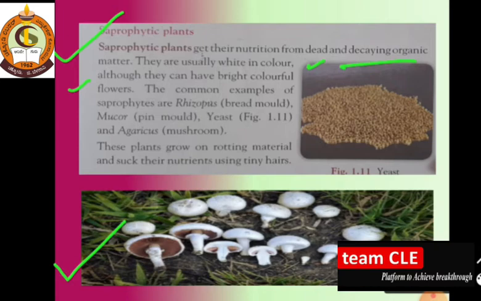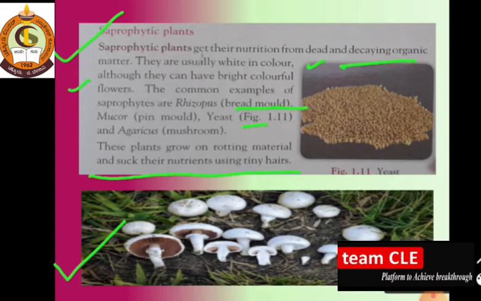So what is the spelling of Rhizopus? That is R-H-I-Z-O-P-U-S. This is your bread mold, and Mucor, that is the pin mold, and it is nothing but the yeast. Dear students, these are the examples of saprophytic plants. These plants grow on rotting materials and suck their nutrition using tiny hairs.